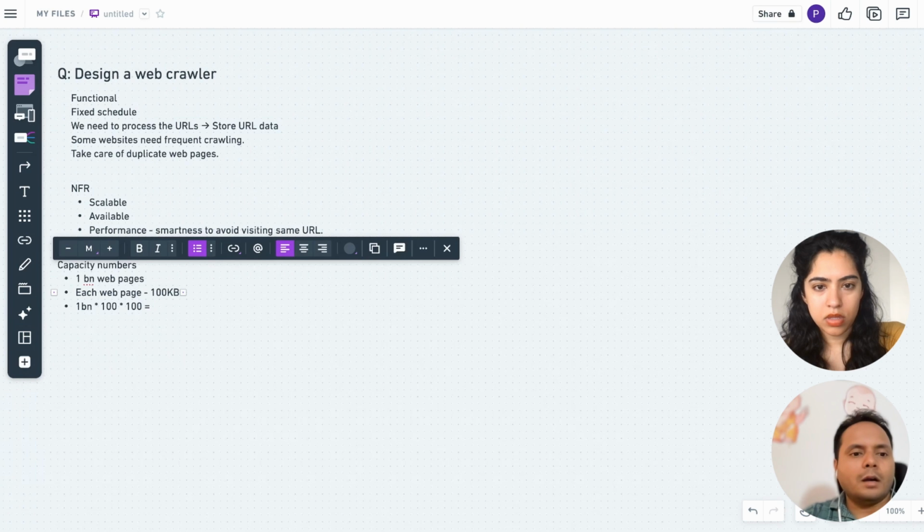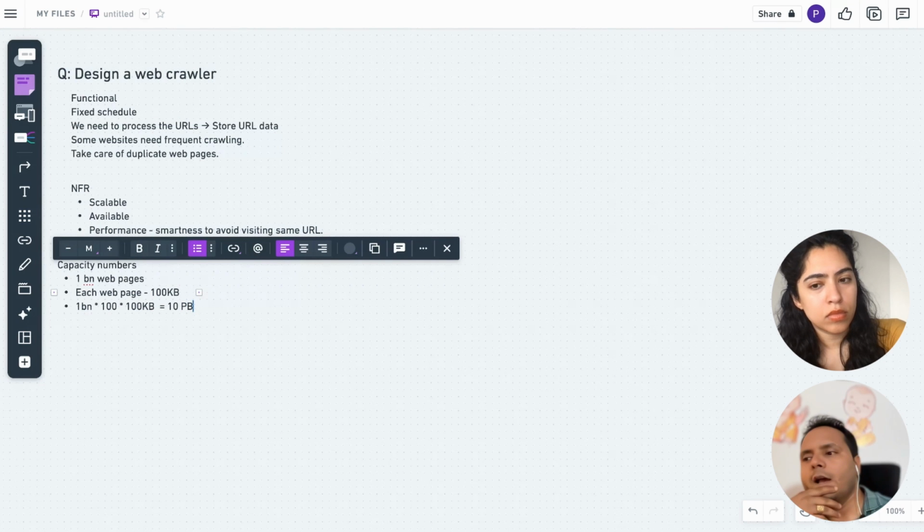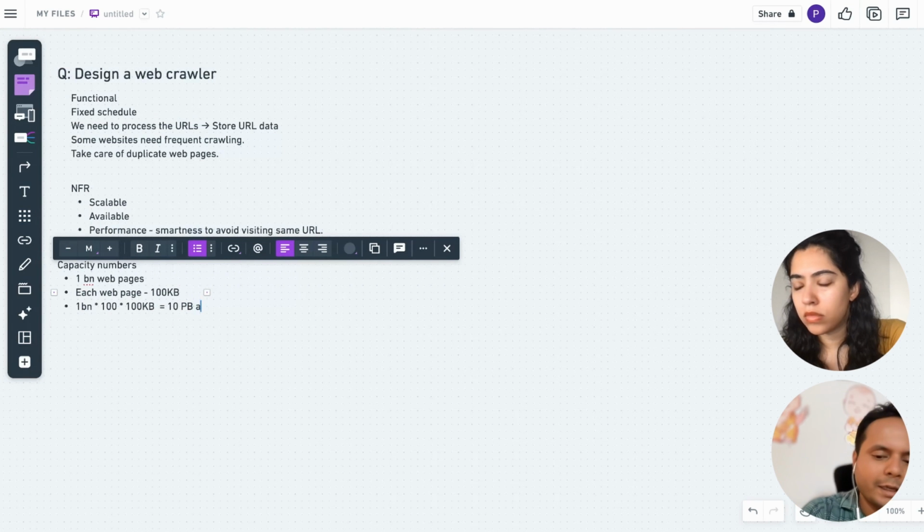Into 100 KB, converting kilobytes to bytes to megabytes to gigabytes, this will come down to 10 into 10 to the power of 9, if I'm not wrong. Ultimately it will come down to about 10 petabytes of data in the given frequency.